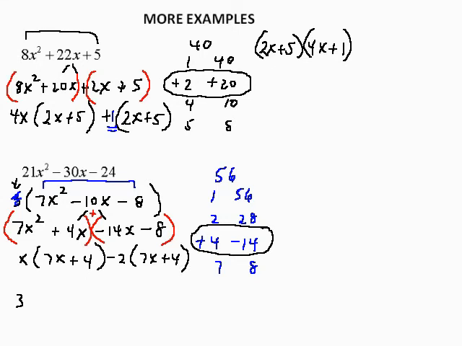And notice it does, because if I distribute that minus 2 through, it does check. So final answer, the 3's already out there. Now we can take the 7x plus 4 out and put what's left here, x minus 2. So this even works when there's a greatest common factor that you take out to start out with, which in this case was 3, but just take that 3 and get it out of your way is my suggestion.